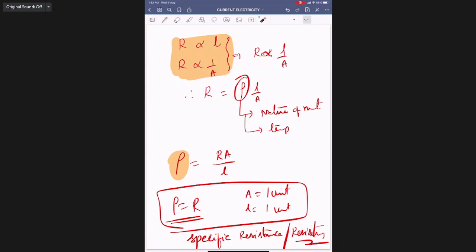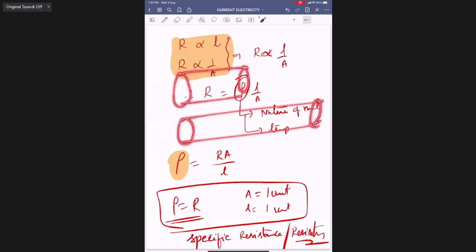What is the meaning? Suppose I have taken a conductor of small length, another conductor of very large length, with the same area. Then the number of free electrons available per unit volume is the same, but my electrons start from one point and move to the other.